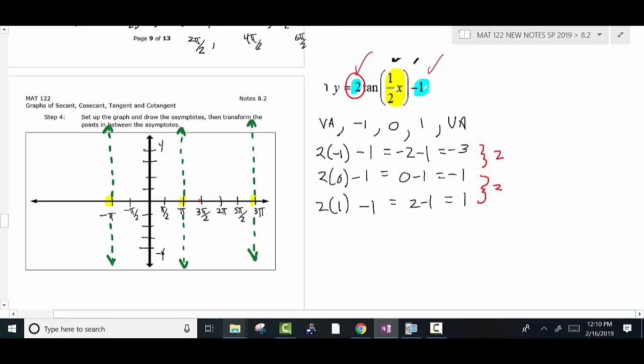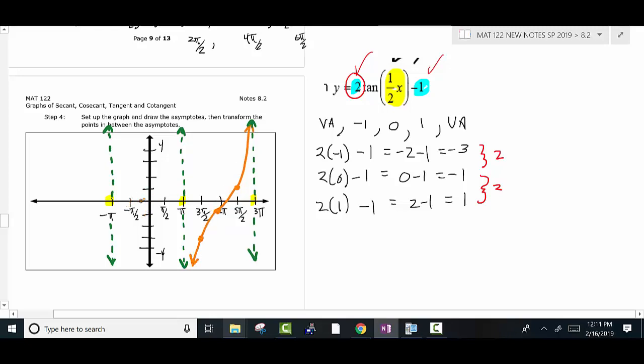This point right here, it's going to go like this. You're going to have a y value of -3. So that point goes down to -3. The next one has a y value of -1, and then the next one has a y value of 1. So I'm getting the values in between the asymptotes, and then you sketch it. The rest of it is a nice sketch, and then you got it.